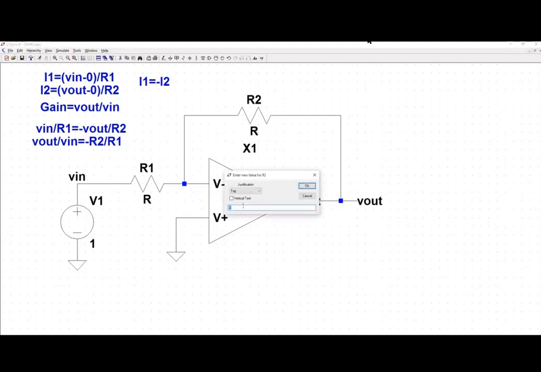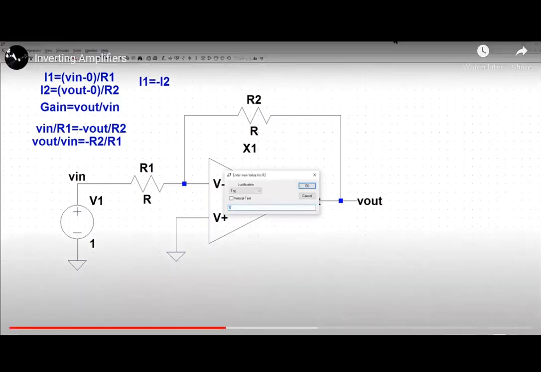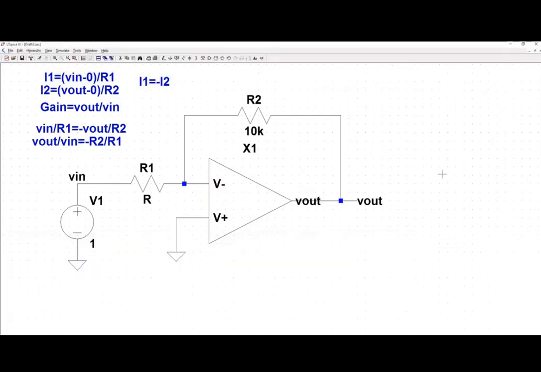So let's say we have a resistance up here of 10K, and we want our gain to be 10. In order to get a gain of 10, we would have to set this to 1K. So let's first verify it, then I'll put in some wonky value here, and then we'll set this up as a parameter and find the exact value of R1 that gives us that output.